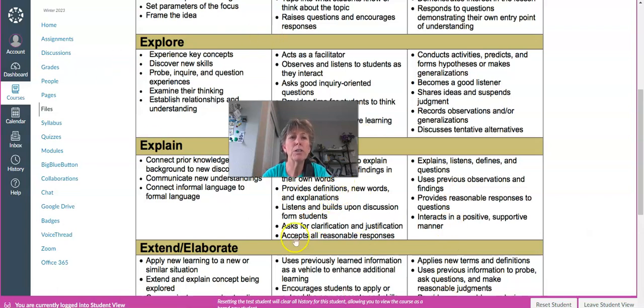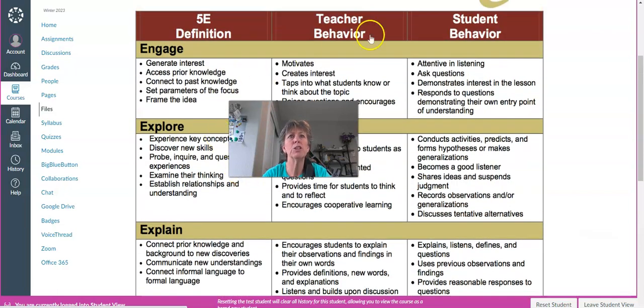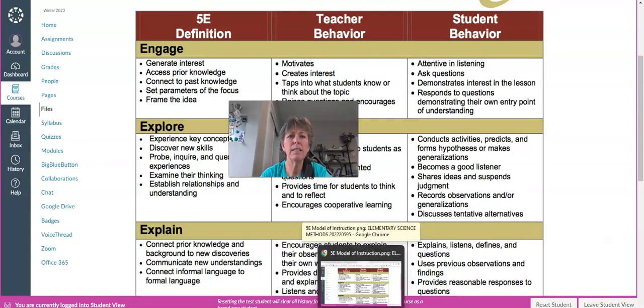So you want to set up your lesson to be an inquiry, which means it should mirror or be connected to the steps in this process, where these are more student-centered and student-driven activities and lessons.